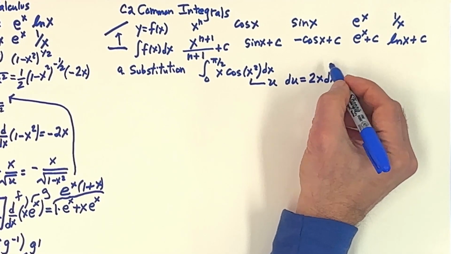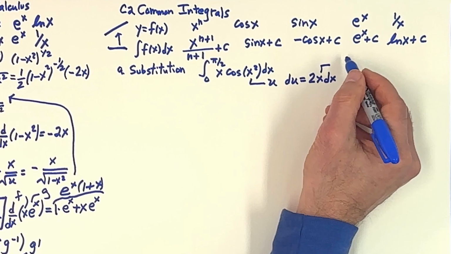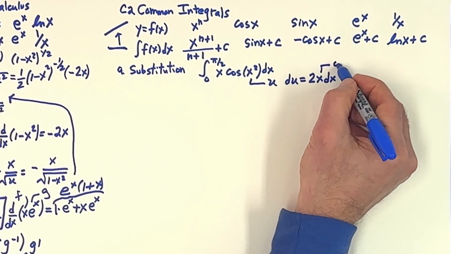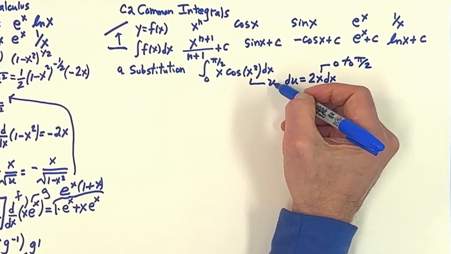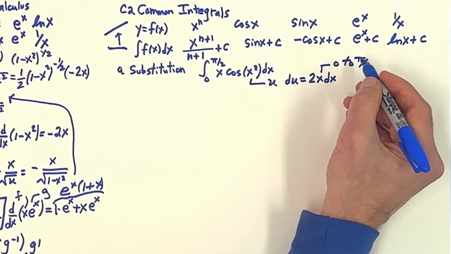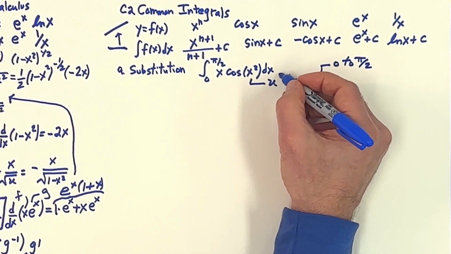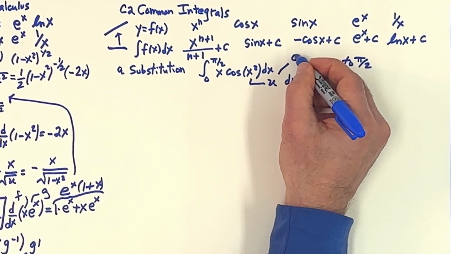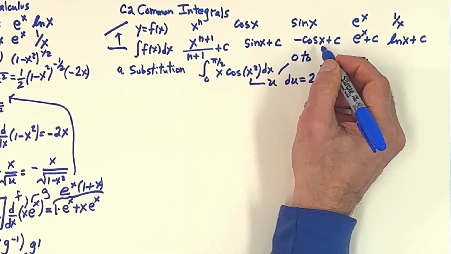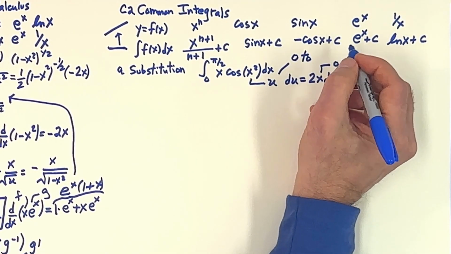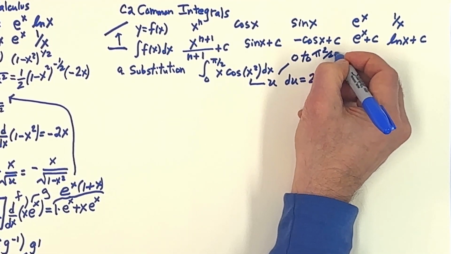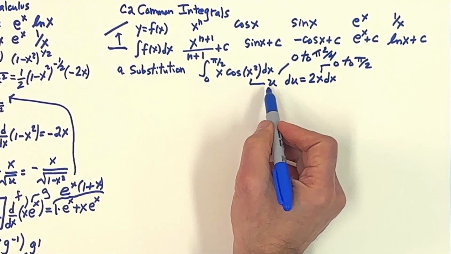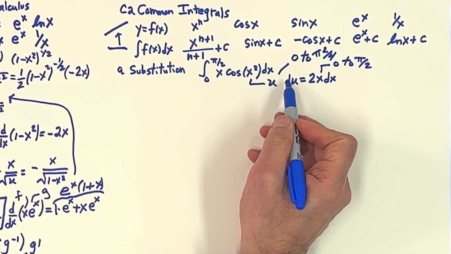Now, when the x here is going to go from 0 to pi over 2, what does the u do? Well, it's x squared. So the u is going to go from 0 to pi squared over 4. We're going to do a change of variable here, with this substitution.